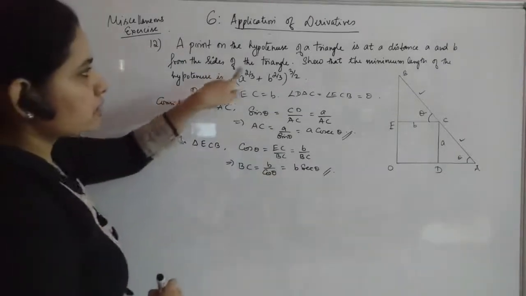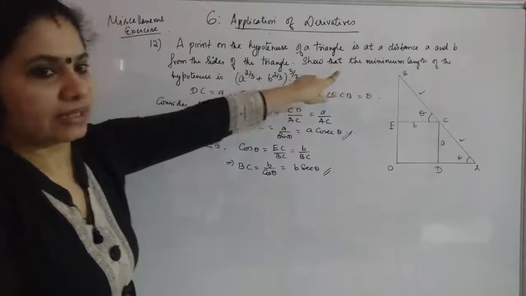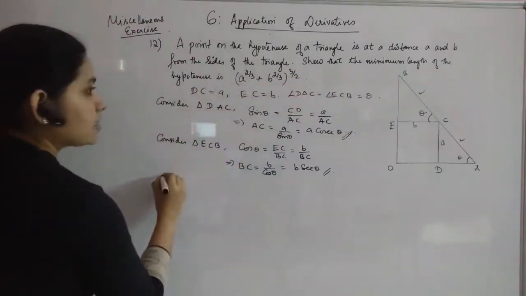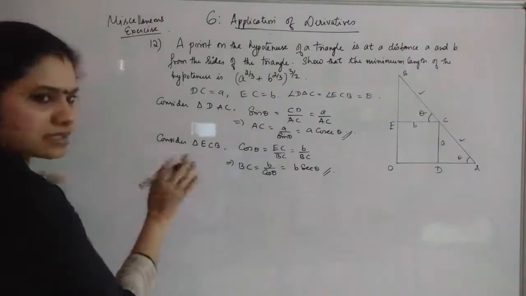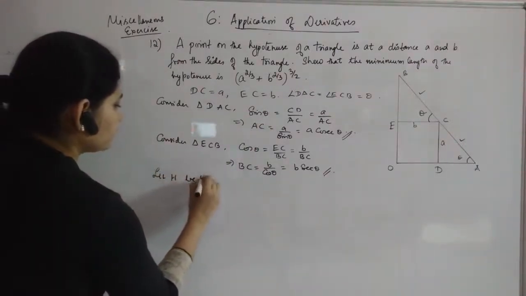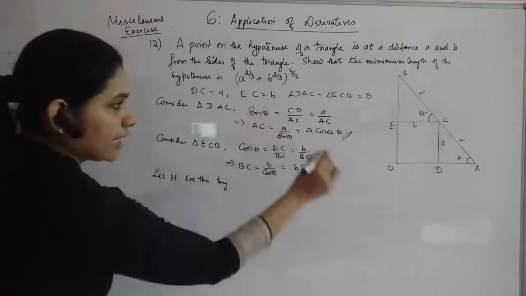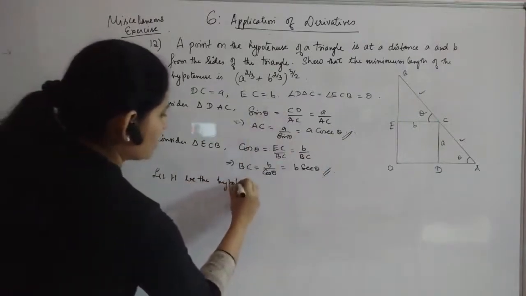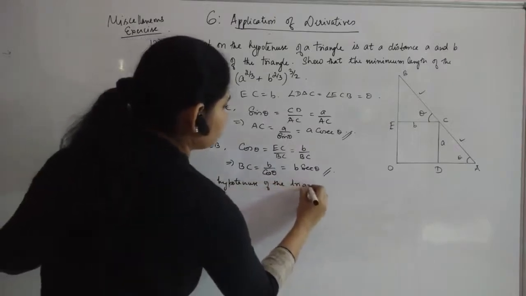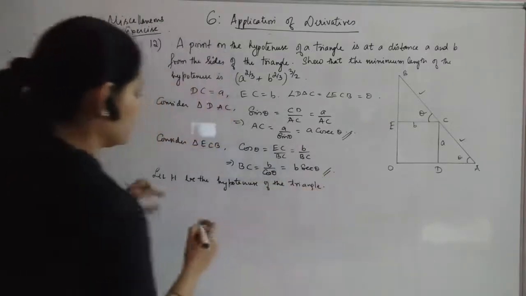Now what is the question? You have to find the minimum length, right? So we will start with the length. Let the length of the hypotenuse be some variable. So let h be the hypotenuse, that is AB, of the given triangle, so that we can use that variable.